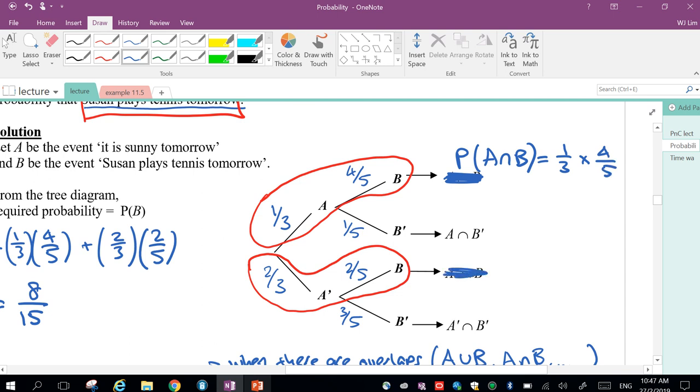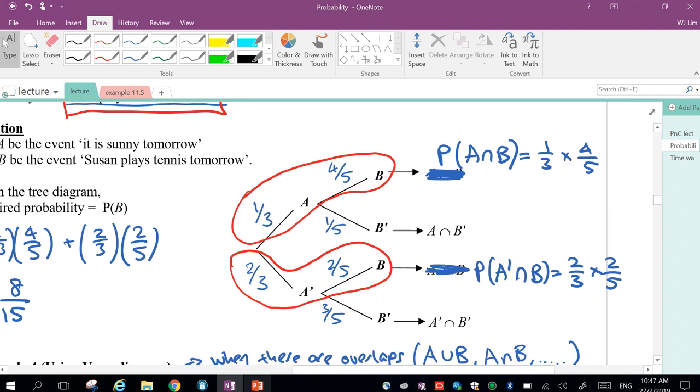Here, this one, it's the probability of A prime intersect B. This is 2/3 times 2/5. You all agree or not? The first branch is A and then B. So A intersect B: sunny tomorrow and Susan plays tennis.